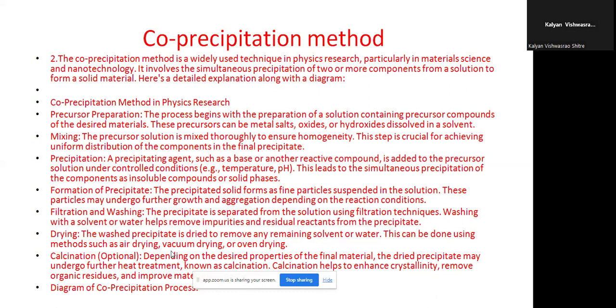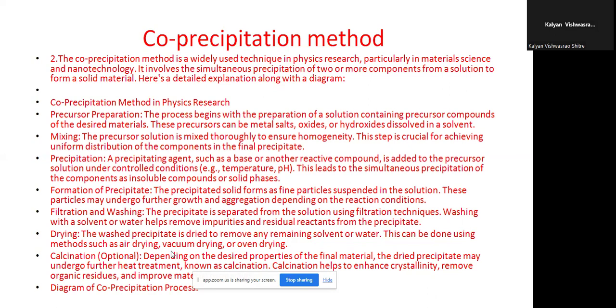Mixing. The precursor solution is mixed thoroughly to ensure homogeneity. This step is crucial for achieving uniform distribution of the components in the final precipitate. Precipitation. A precipitating agent such as a base or another reactive compound is added to the precursor solution under controlled conditions, that is, temperature or pH.